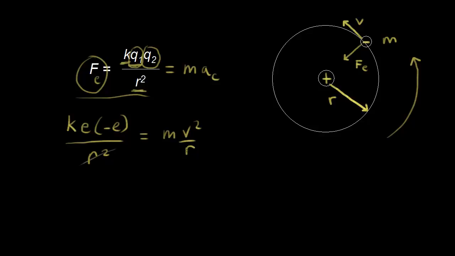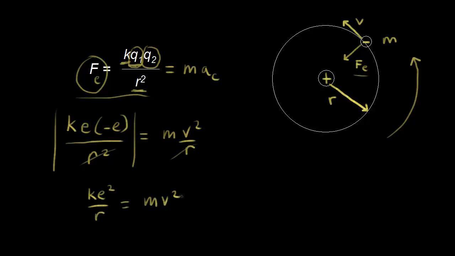Immediately we can cancel out one of the r's. And since we only care about the magnitude of the force, we know the direction of the electric force, we don't really care about this negative sign. So we can simplify a little bit. This would be ke squared over r on the left, and on the right, this would be mv squared.